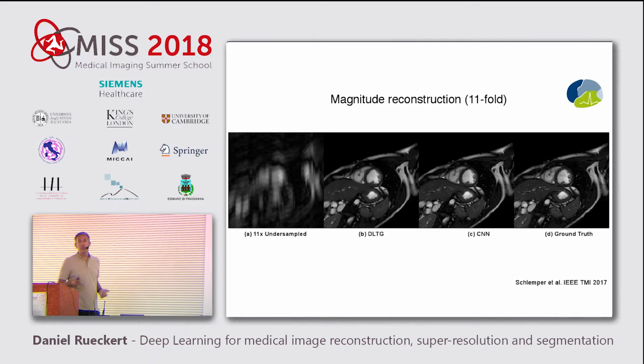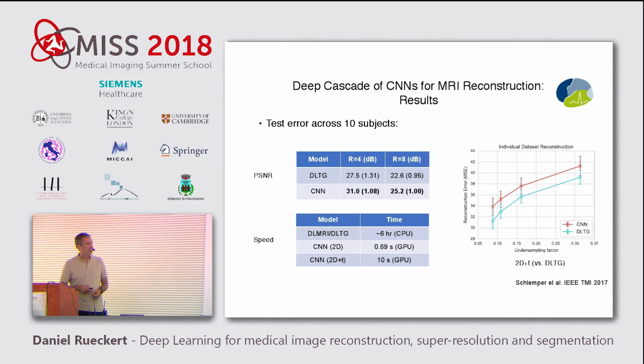And of course, you can also do a numerical evaluation, how well does this work. Turns out, of course, as expected, the dictionary learning does significantly better in terms of PSNR. But actually, that's not what's so clinically important. What's most important is the dictionary learning, the sparse coding method, takes around 6 hours to compute. Now, at test time, when I use a CNN, I only have to make a forward pass, correct?